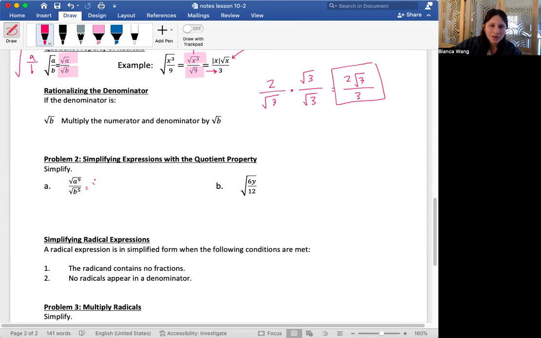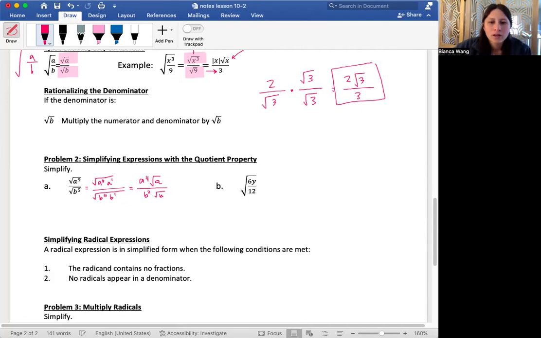To me, I would write this as a to the 8th power times a to the 1st over b to the 4th power times b to the 1st, so that I can simplify. And when I simplify, a to the 8th square rooted is a to the 4th. I'm dividing the power by 2, times a square root of a. Then below I have b to the 2nd power times a square root of b.